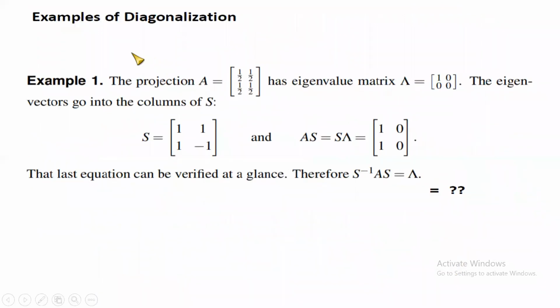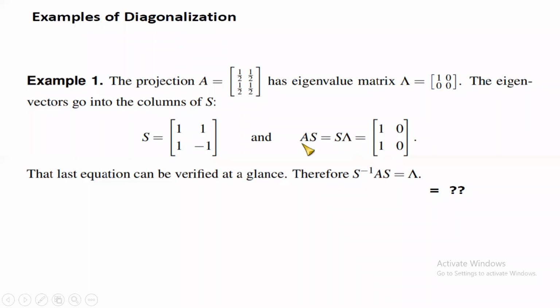Now in a similar way we can try to find out for the matrix A, the eigenvalues and then the eigenvectors, and put the eigenvectors in the form of the matrix. Then find out AS and S lambda, both should be same.